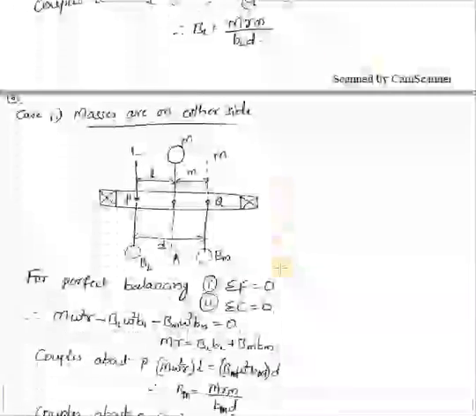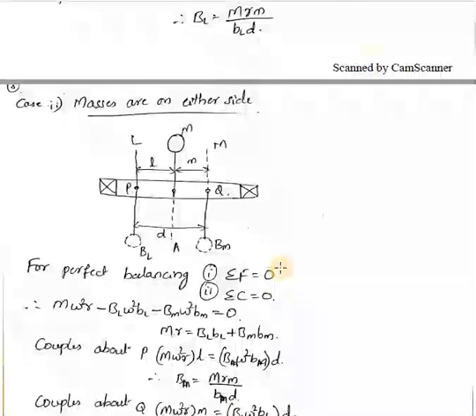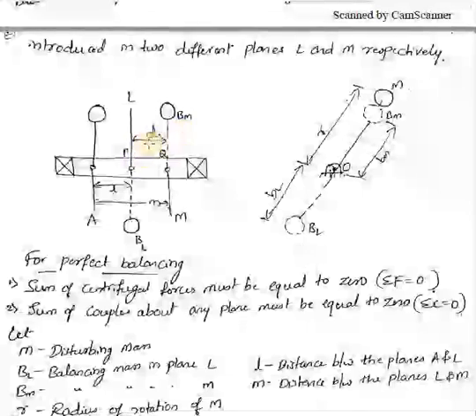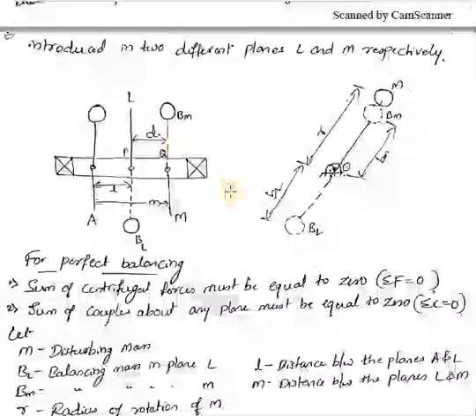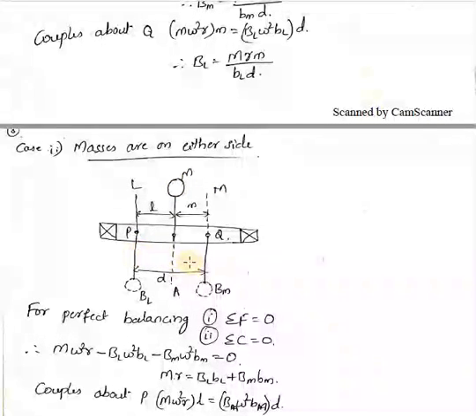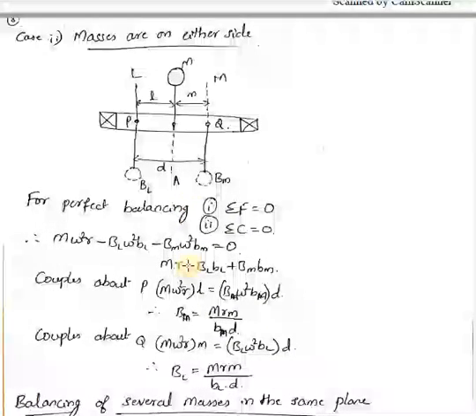Now the second case is where the masses are on either side. In the first case, these two balancing masses are on the same side of the attached mass. The second case is on either side. This is the attached mass and these two are the balancing masses, which are attached on both sides of the mass M. For perfect balancing, again it is the same condition: the summation of centrifugal forces should be equal to 0 and the summation of couples should be equal to 0.